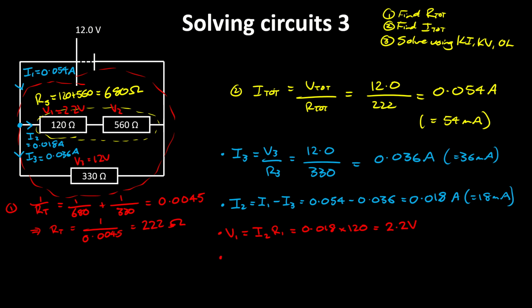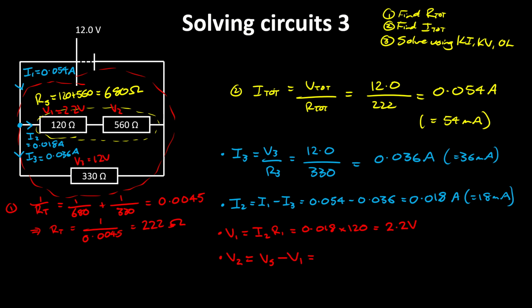Now, we've got one thing left to find, and it's V2. Now, we could do the same thing. We could use Ohm's law again, and you'd get the right answer. But I'm going to do it a different way just to show you the other way, and that's using Kirchhoff's voltage rule. In this loop at the top here, we've got a 12-volt supply. And we know that this 120 ohm resistor is using V1, so V2 will get whatever's left.